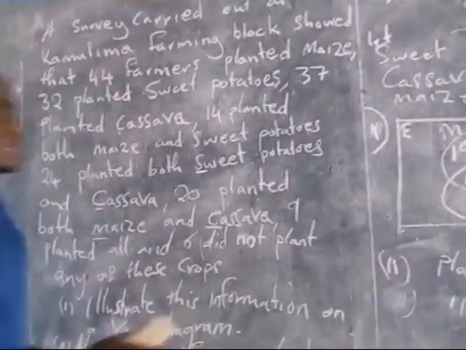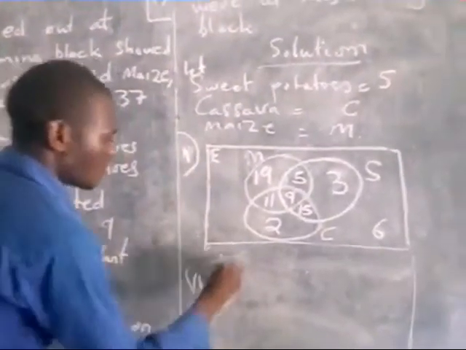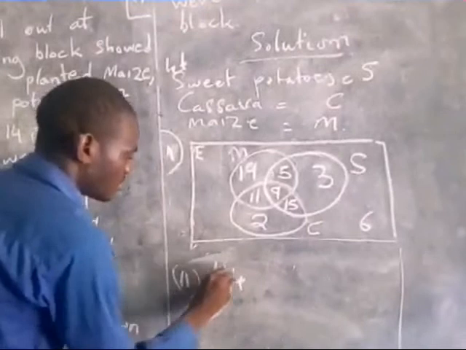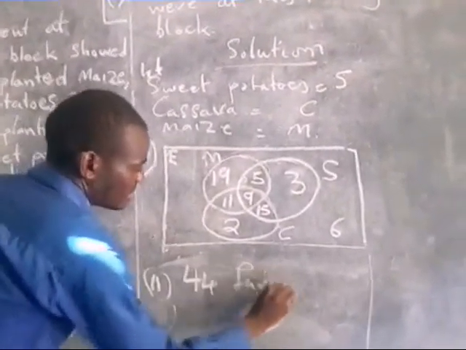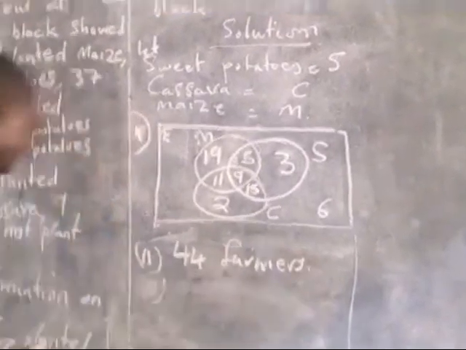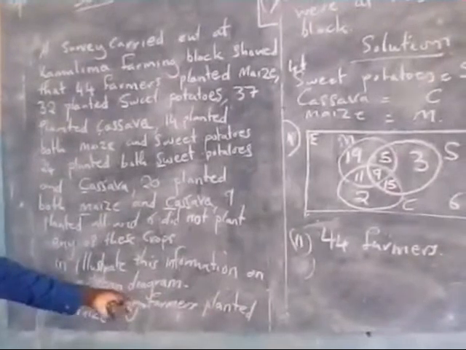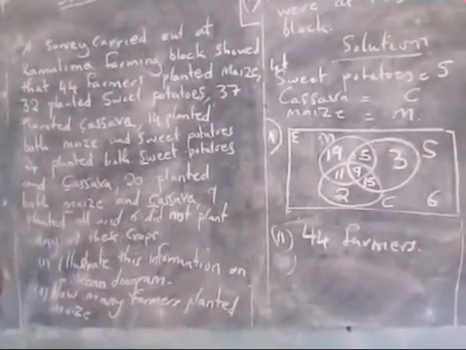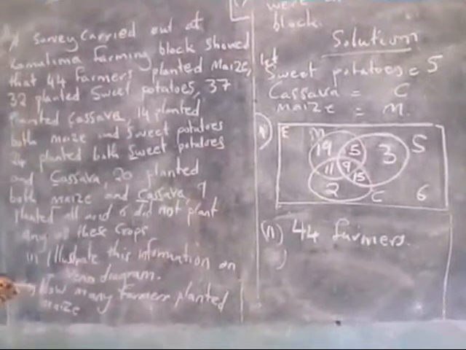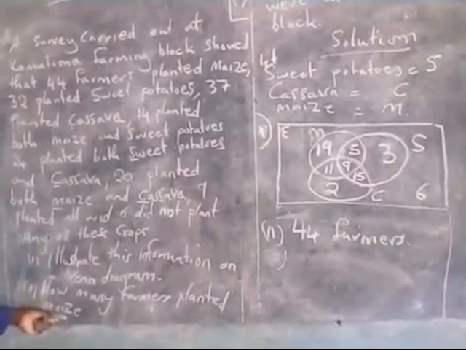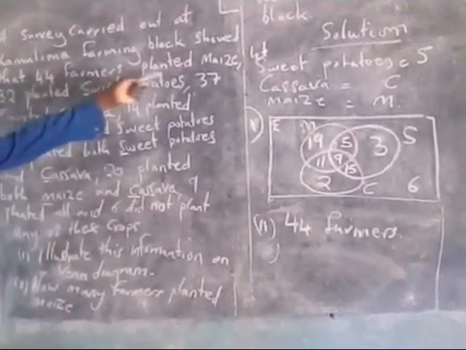So meaning, to cut the story short, we only have 44 farmers. But if they were saying how many farmers planted maize only, the answer would have been 19. But they said how many farmers planted maize. So 44. There's nothing to think about because the answer is already here on top.